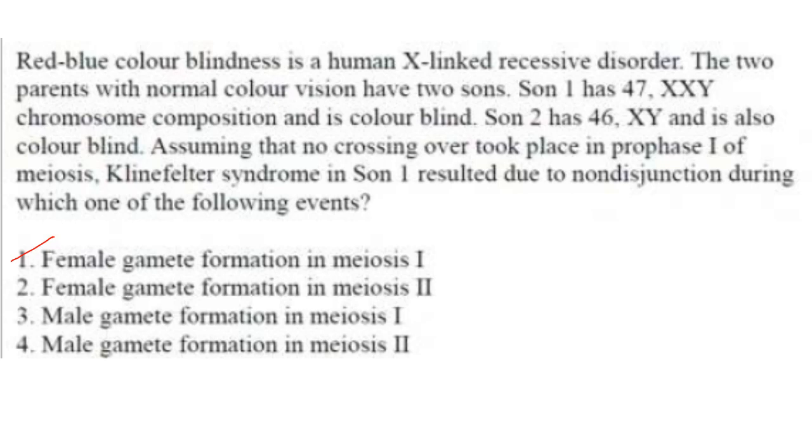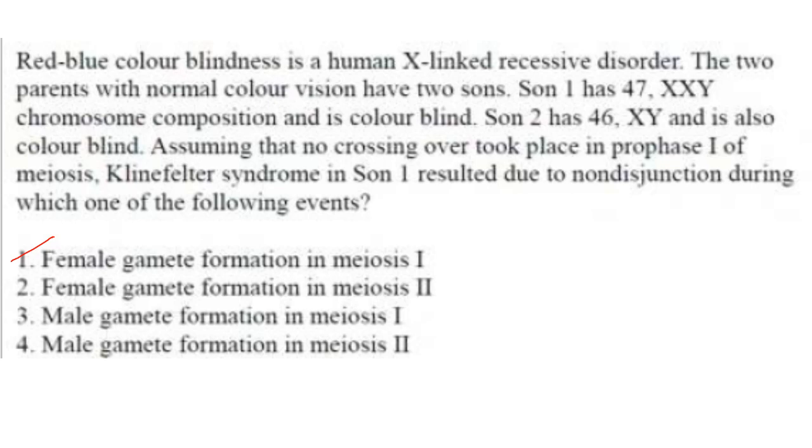Assuming that no crossing over took place in prophase 1 of meiosis, Klinefelter syndrome in son 1 resulted due to non-disjunction during which of the following events? Okay, now first we will see whether it is meiosis 1 or meiosis 2.